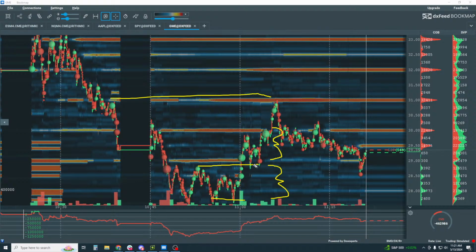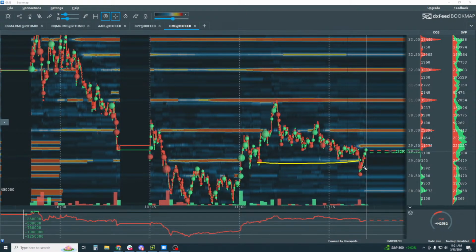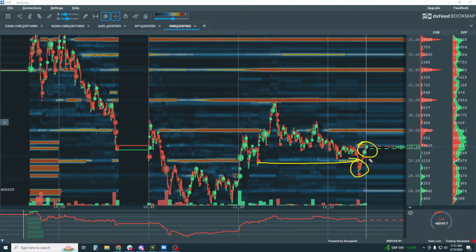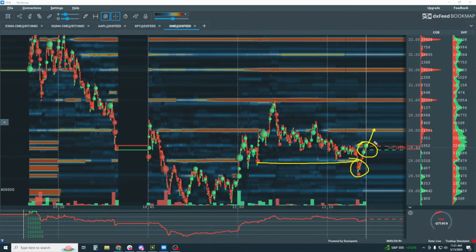So now we're even below here, and we see some selling in here. So this is kind of the do or die here for the buyers. They really need to pick it up right here, and we need to see big green dots there. And if we do, well, then we're looking for 30, and then we still might get a reversal out of this.